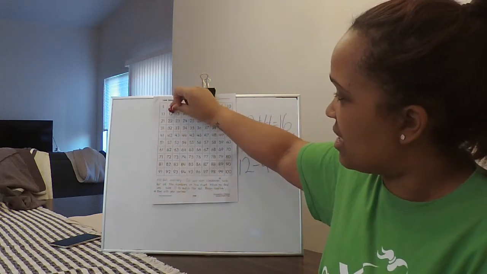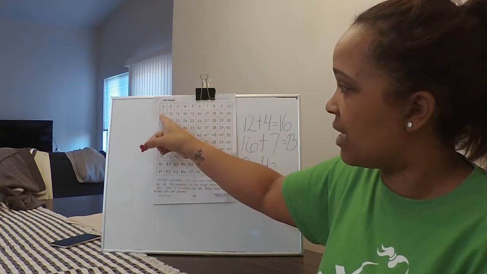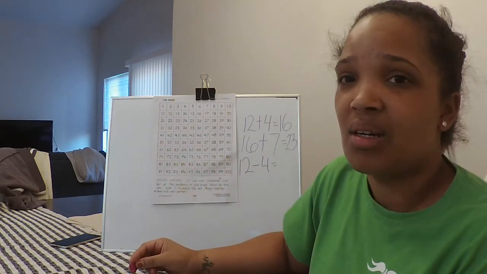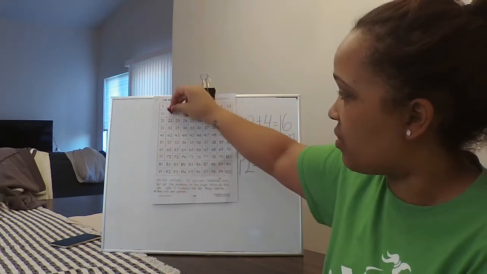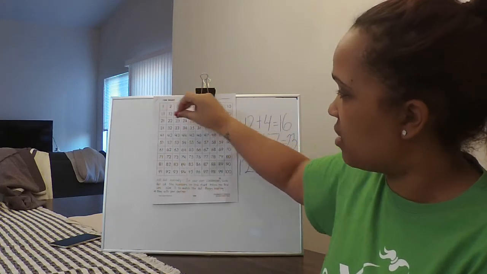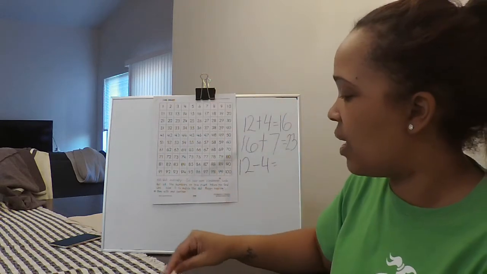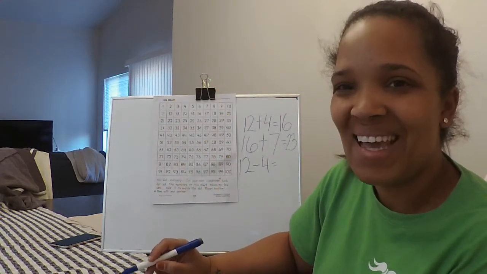The only difference, instead of going forward, I'm going to go backwards. When I get to the 11 and there's no room to go anymore, I go with the number that goes after 11, which is 10. So let's count backwards 4. 1 jump, 2, 3, 4. 12 take away 4 is 8.